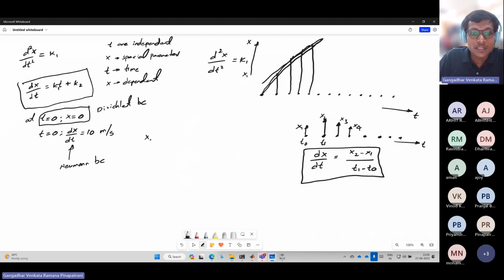So if I want x2 equals x1 plus delta x, or I can say dx, because let's assume we are considering a very small part. So x2 equals, that means I want to find out the value of x2 correspondingly. Sorry, let me use the same terminology.